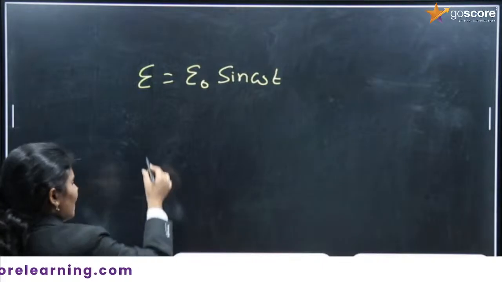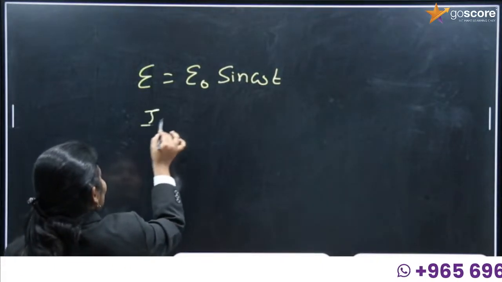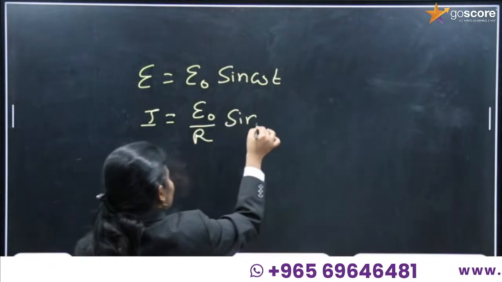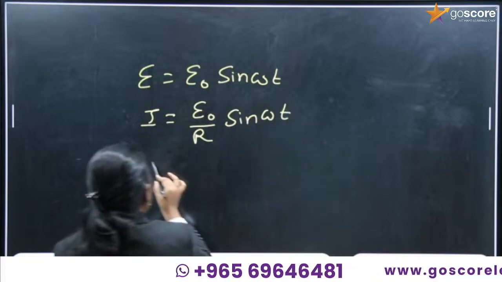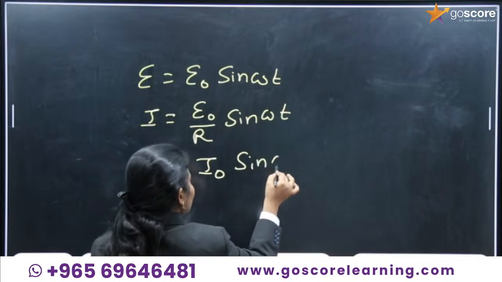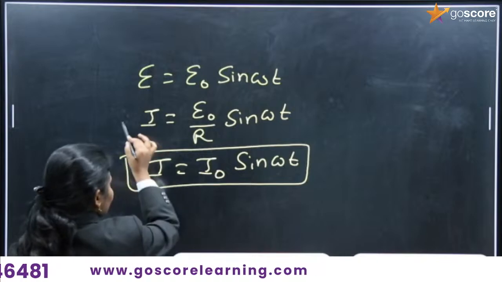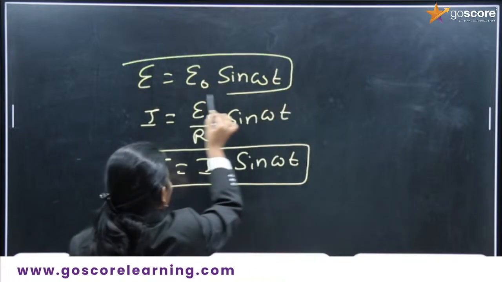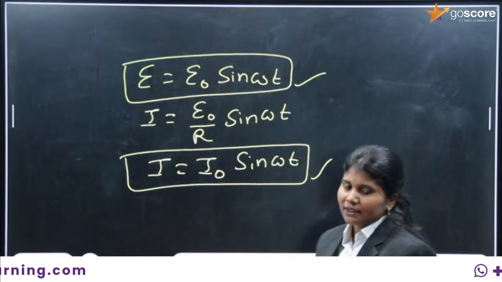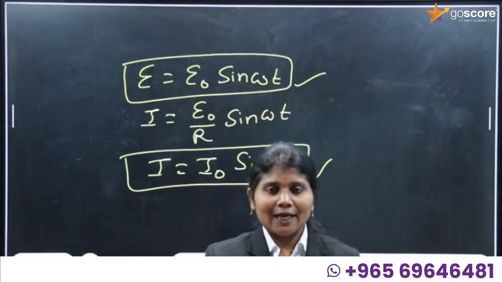Then I is equal to E by R, considering resistance is R. I is equal to E naught by R sin omega t, so I is equal to I naught sin omega t. This is the current equation and this is the voltage equation. Check here, guys, both voltage and current are simultaneously changing with respect to time.